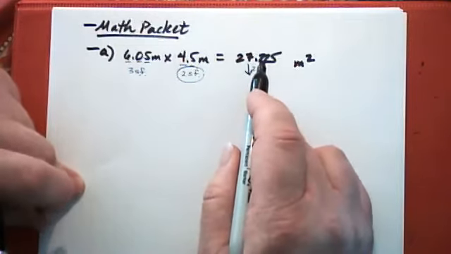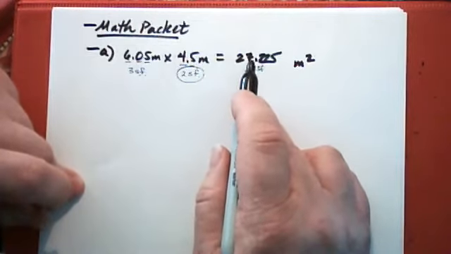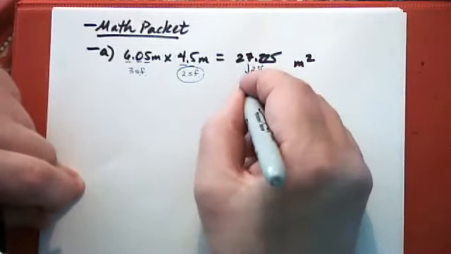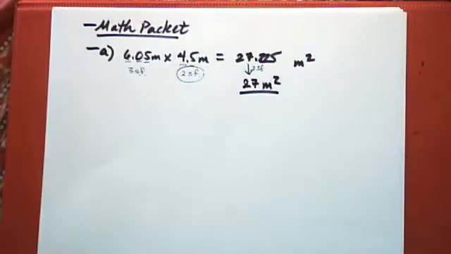If the first number to be dropped is 5 or greater, then you have to increase the last number you're keeping by 1. And we'll see examples like that, but this isn't one of them. So 27.225 to 2 significant figures is 27 square meters. Okay, so that's the first one.